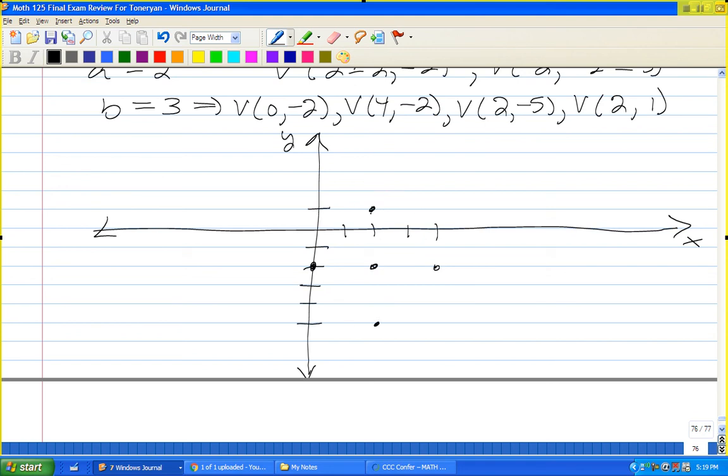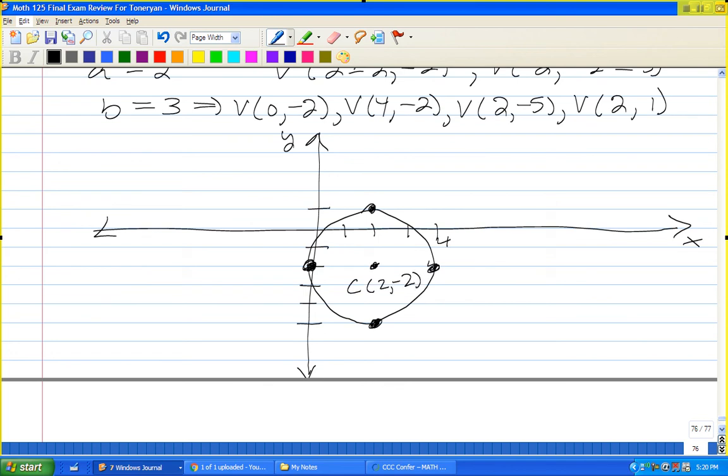And this, let's see if I can draw this. Let's start. No, no, no. That's horrible. That's still semi-horrible, but not so bad. Okay, so this is my ellipse with center at (2, -2).